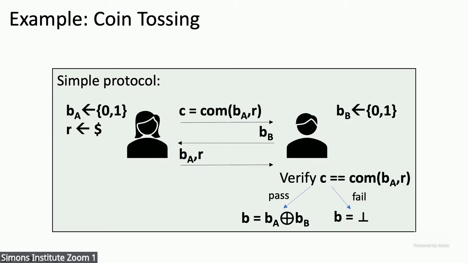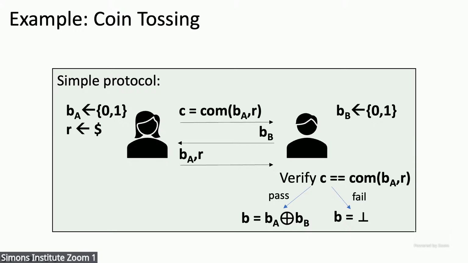Okay, so what do commitments allow you to do? Well, I'm going to describe a very simple coin tossing protocol, kind of the first thing you would think to try when you're trying to have Alice and Bob establish a random coin that neither of them can bias. I'm not going to define a formal security model for coin tossing, just describe this protocol and its properties.